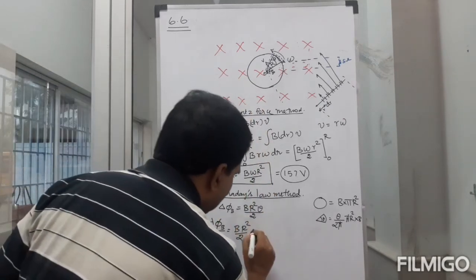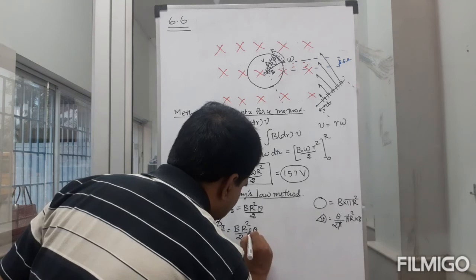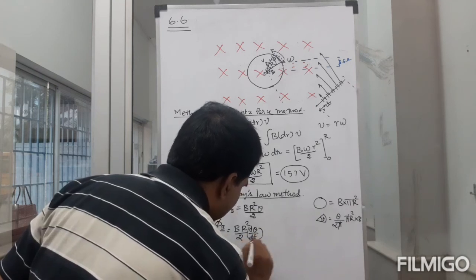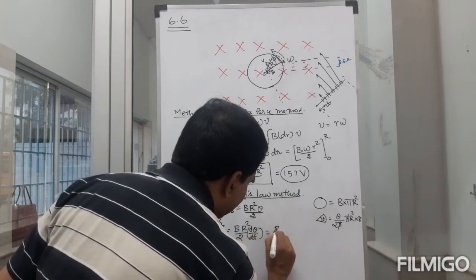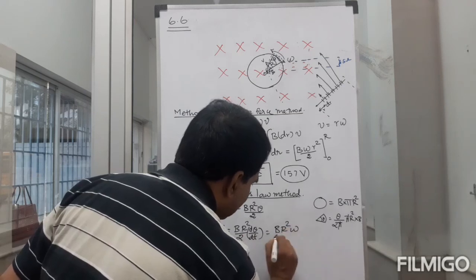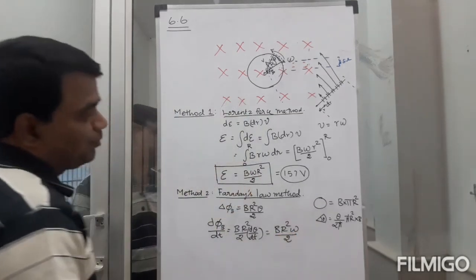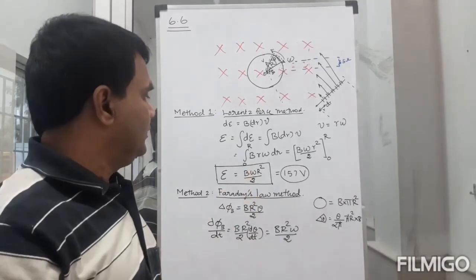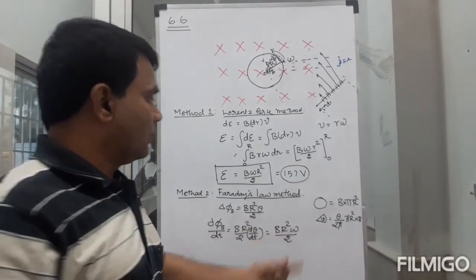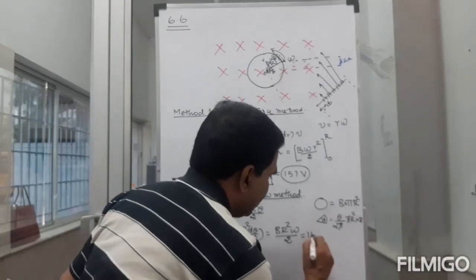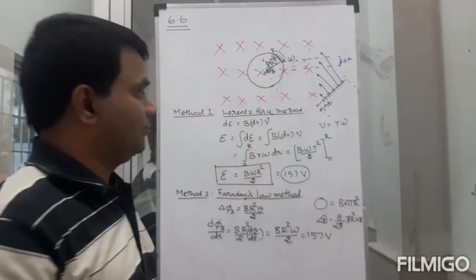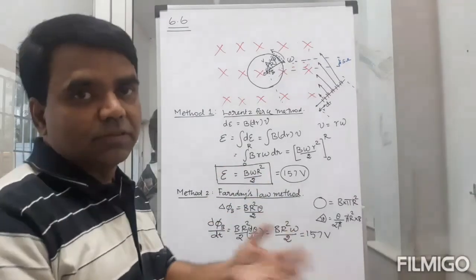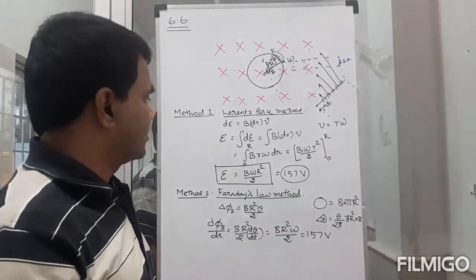So that is actually d theta by dt, so that would be B r squared omega by 2. So you get the same answer. See, again, if you substitute all those values, then you will get 157 volts there. All the values are given in the textbook.